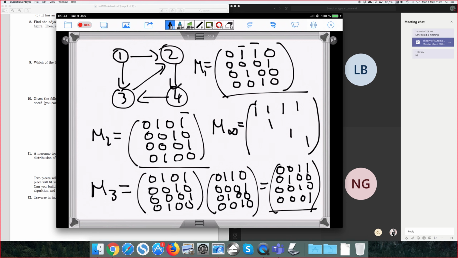For the second row, notice that all the positions here are zeros, so I obtain a 0 here. This is because you cannot go back to 1 in this graph. If you start in 2, you can go to 4 and to 3, but you cannot go to 1.